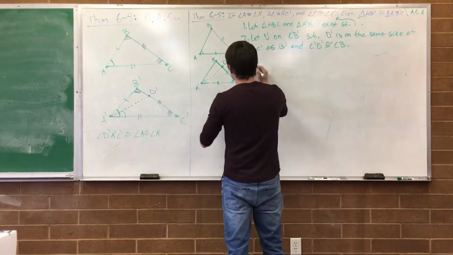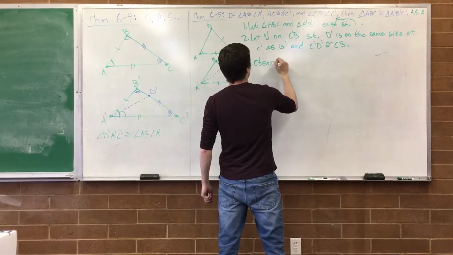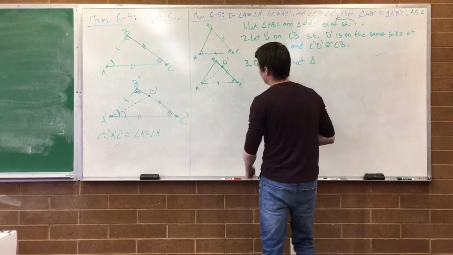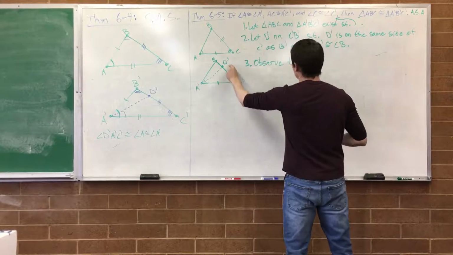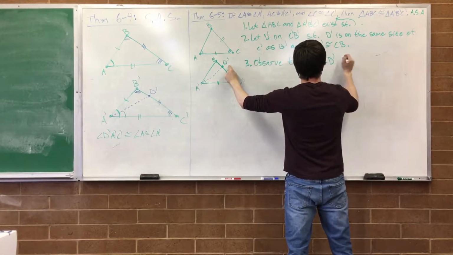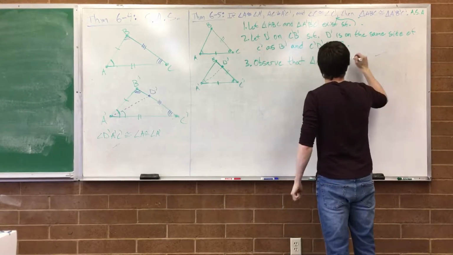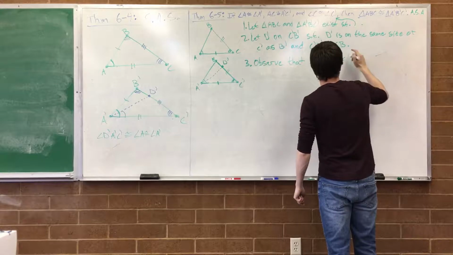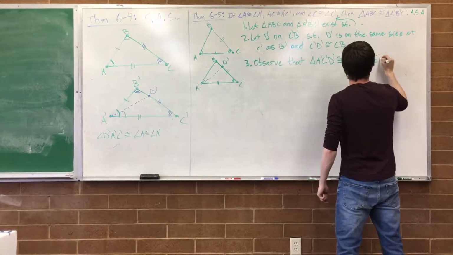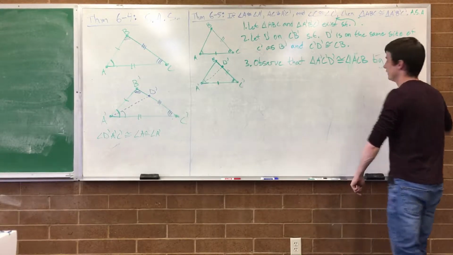All right. So step 3, observe that triangle A prime C prime D prime is congruent to triangle ACB by side, angle, side.